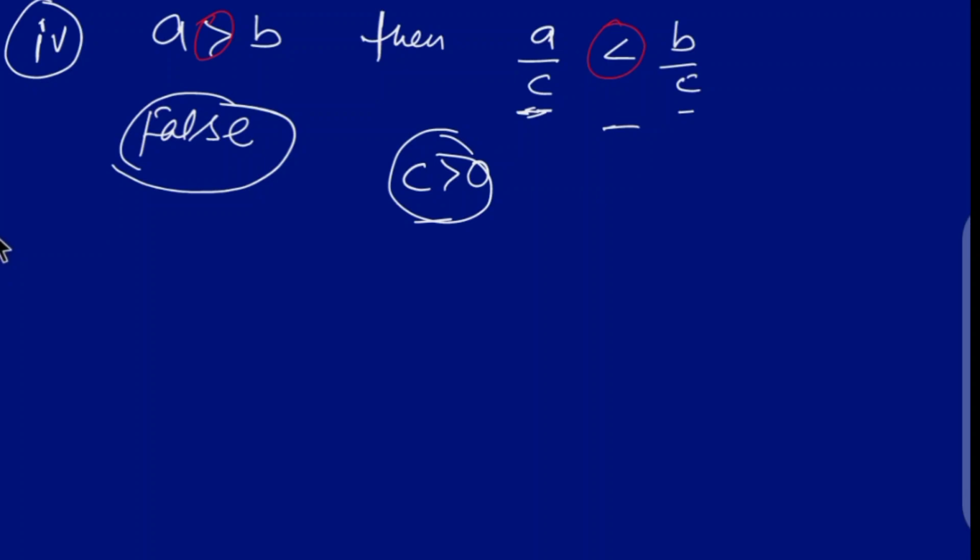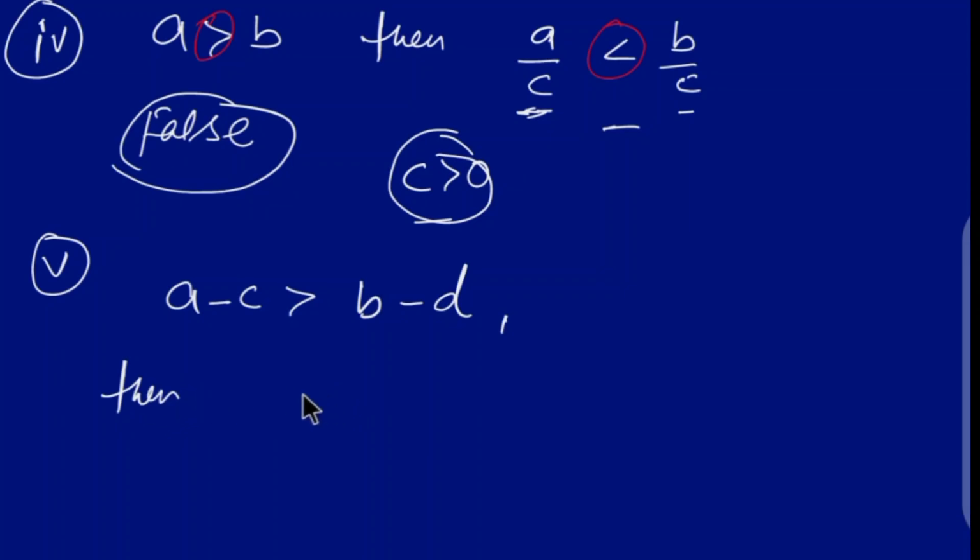Now the fifth statement is there: a minus c greater than b minus d. Then is it possible a plus d greater than b plus c? Yes, it is true. There is no problem in it. Why?